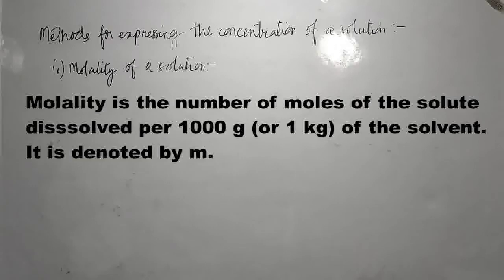The fourth one is the molality of a solution. It is the number of moles of the solute dissolved per 1000 gram or 1 kg of the solvent. It is denoted by small letter m.